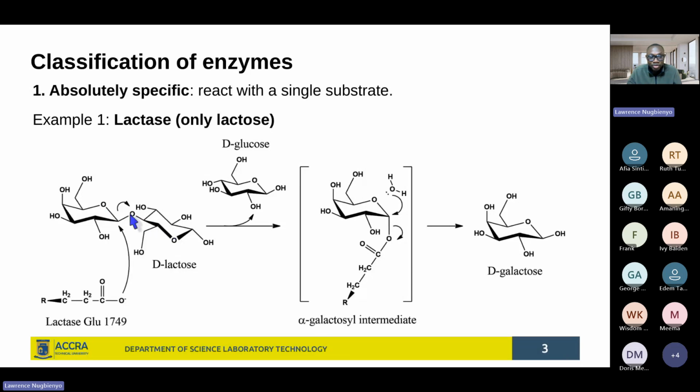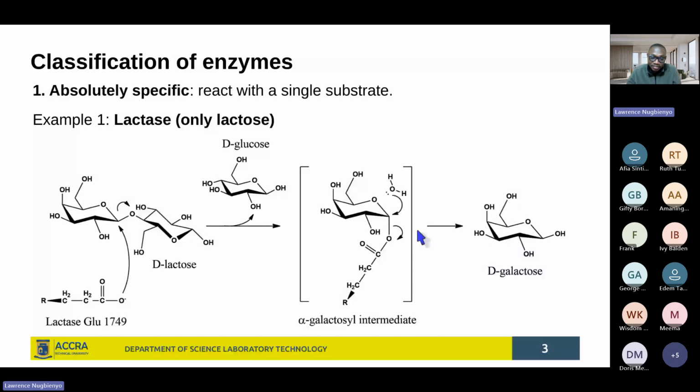And that bond is broken. And when the bond is broken, first you have a glucose molecule that is released. And then you see the galactose molecule bonded to the enzyme. So you have that covalent bonding between the lactase molecule and the galactose molecule.